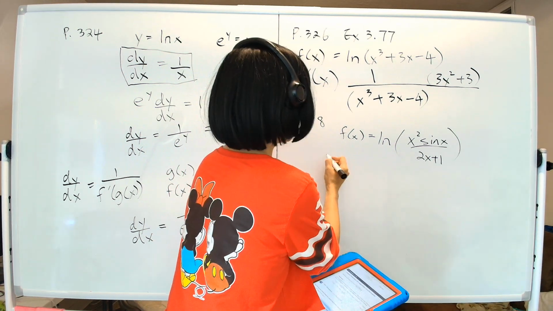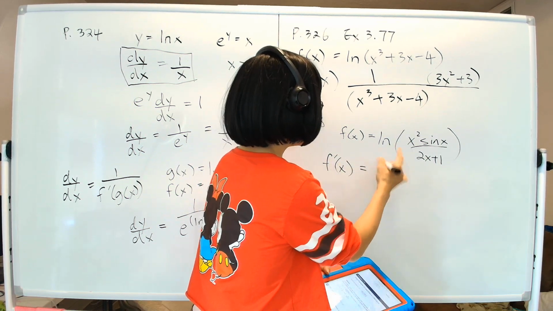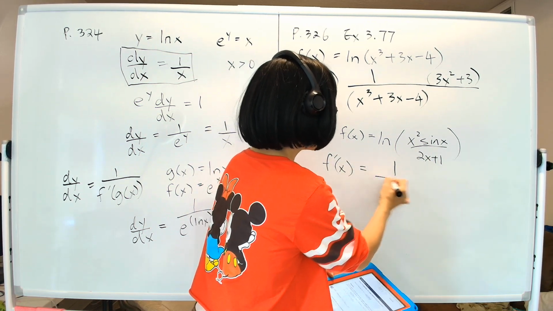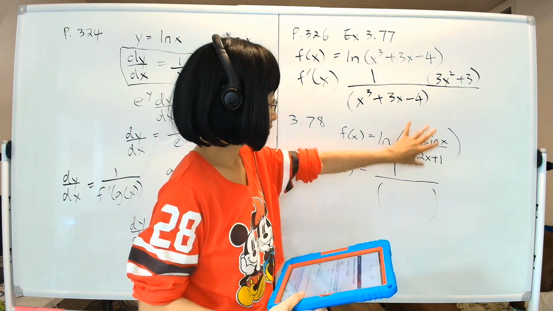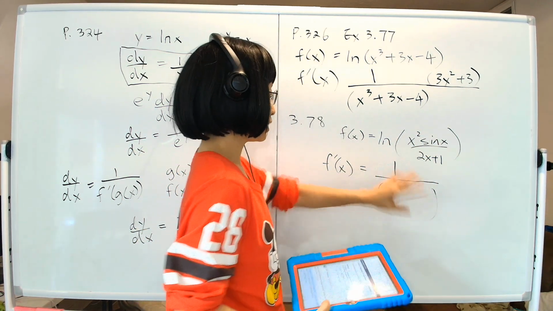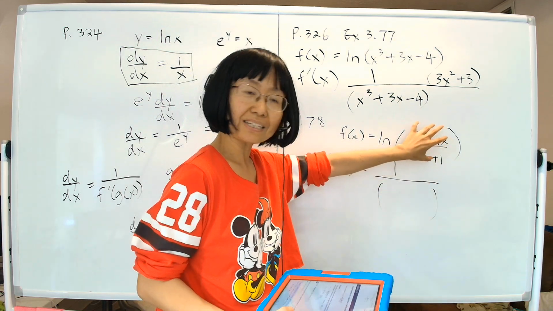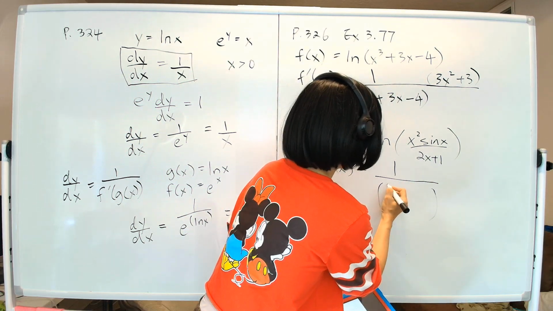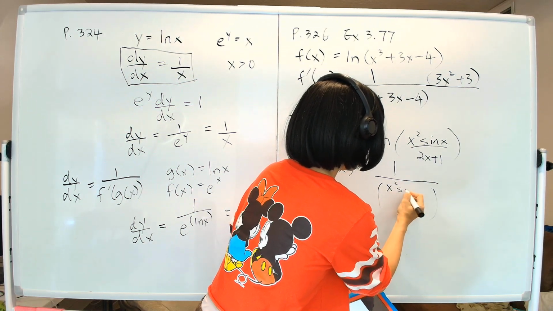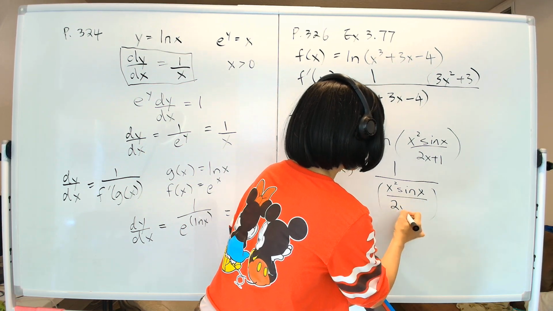Now first, to calculate f prime of x, it equals 1 over this pile of stuff, all of this stuff, and then once we write that down, we need to take the derivative of what's inside. So let's write down the pile of stuff here, which is x squared sine x over 2x plus 1.